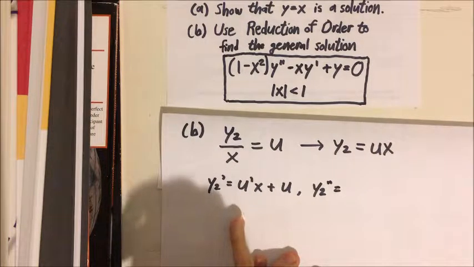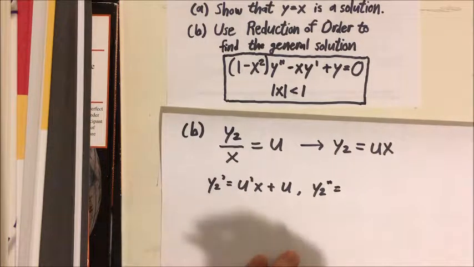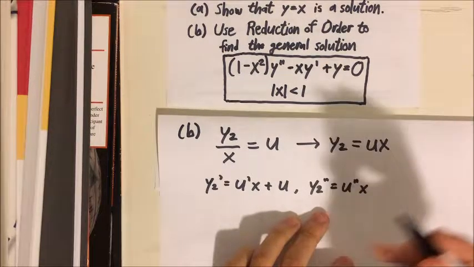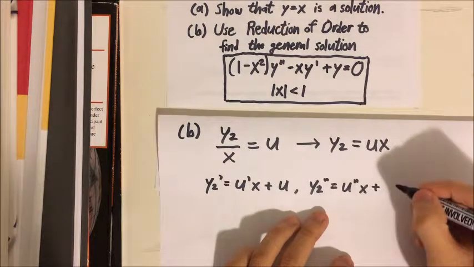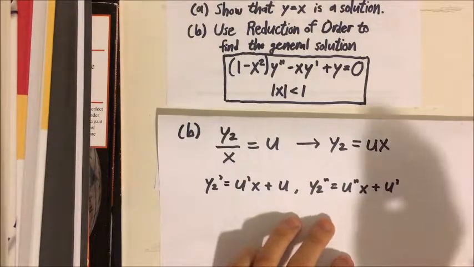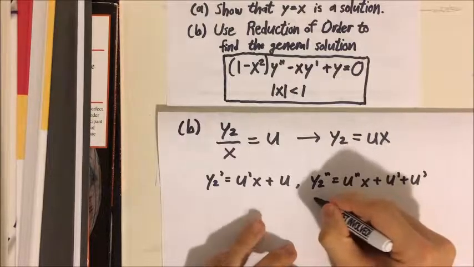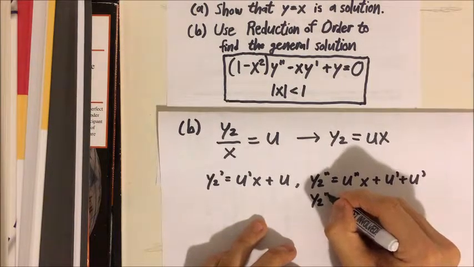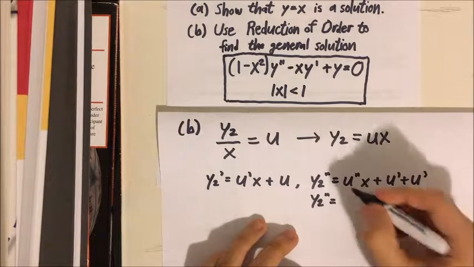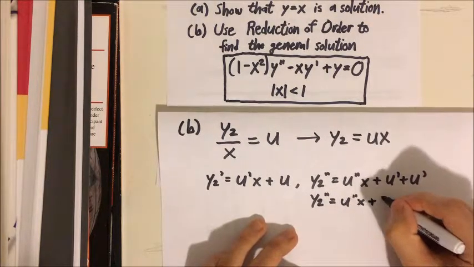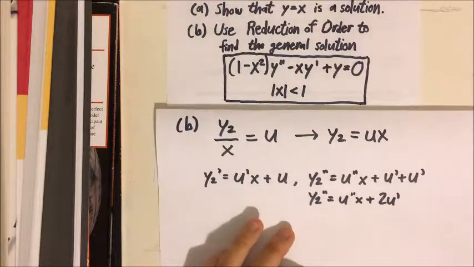Use the product rule again on u prime, and we get u double prime times x, we leave that. Then we take the derivative of x, and we get u prime, and then we take the derivative of u, which is also u prime. Then simplify, we get y2 double prime is equal to u double prime x plus 2 u prime.